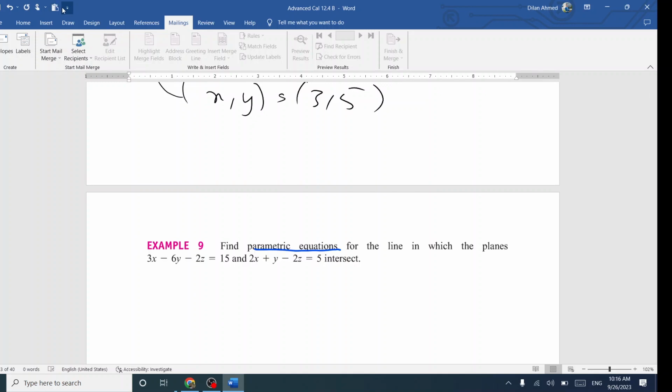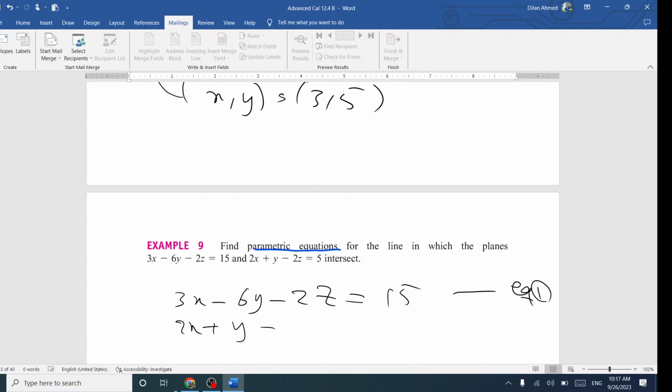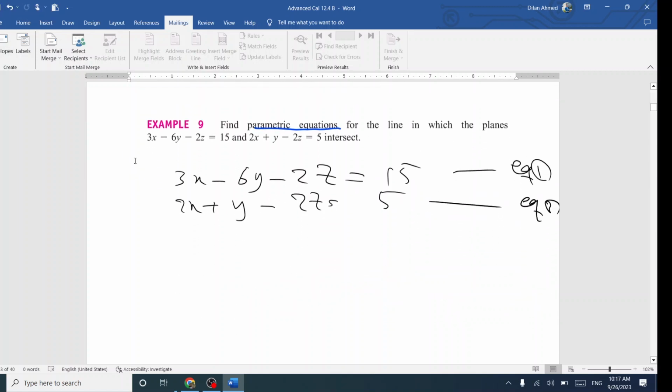Look. Now I have 3x minus 6y minus 2z equal to 15. Am I right? And 2x plus y minus 2z equal to 5 is equation number 2. So how do we solve that one?